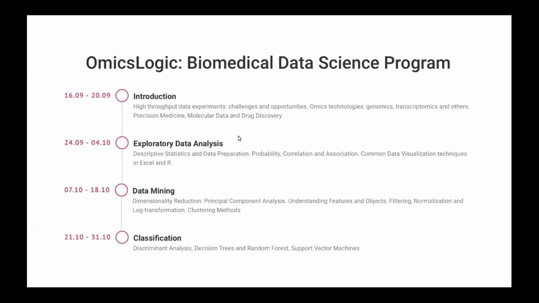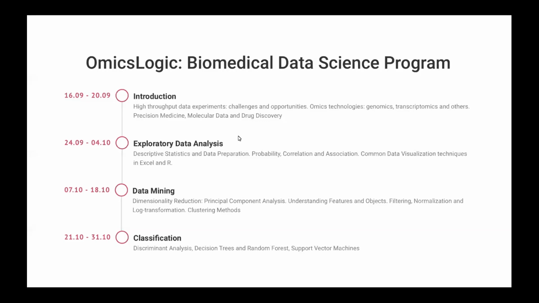Then in the second portion of the program, we will be talking about exploratory data analysis, the need for statistical understanding of our data properties and characteristics, and the way to prepare data for analysis. A lot of steps are needed to, first of all, convert the data from unstructured to structured.